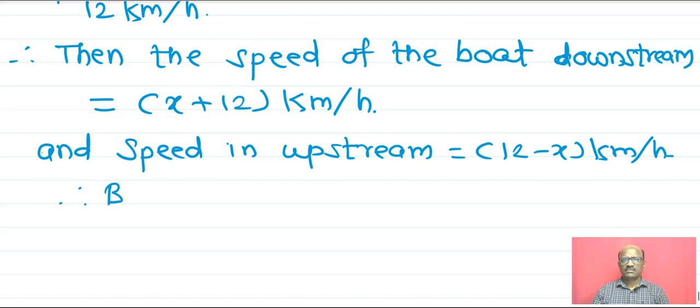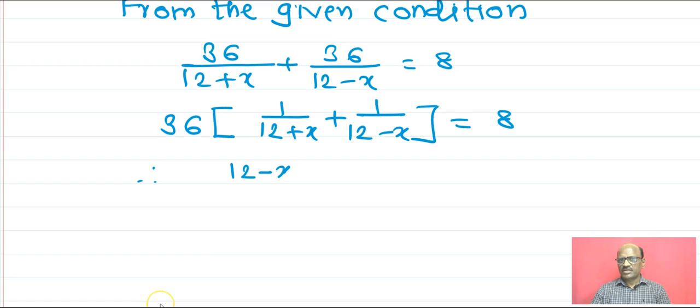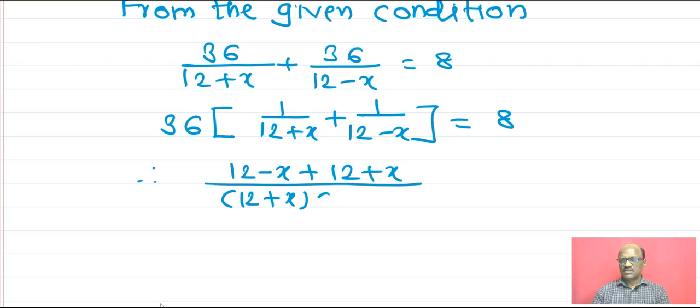Therefore, by the given condition, the total time is equal to 8. Take 36 as common, then in bracket you will get 36 in bracket 1 upon 12 plus x plus 1 upon 12 minus x is equal to 8. Now make the cross multiplication.